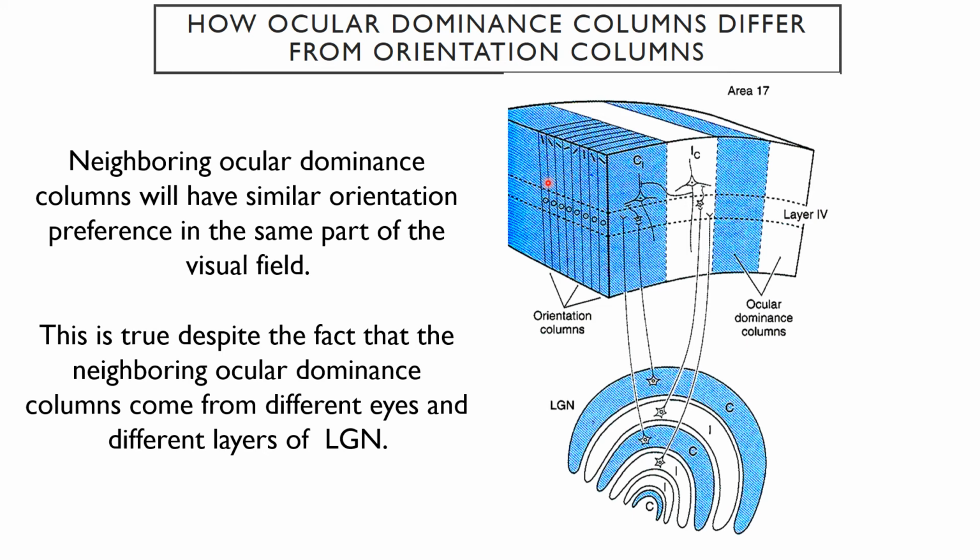column. Now, the different stripes that receive input from the contralateral eye or the ipsilateral eye, left or right, these are referred to as ocular dominance columns. Ocular refers to the eye, and this particular part of the cortex is dominated by input to one eye.